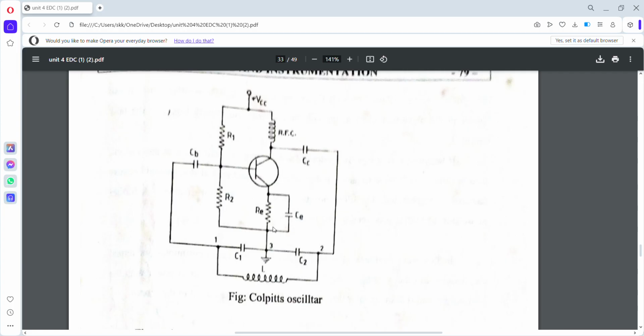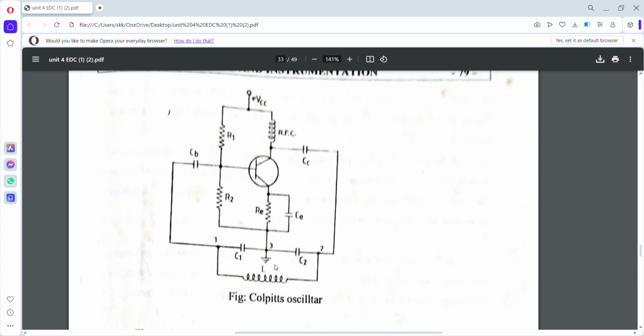The remaining 180 is produced by this transistor. This tank circuit or tuned circuit produces 180 degrees, and this 180 plus that 180 is 360. That is a full sine wave.